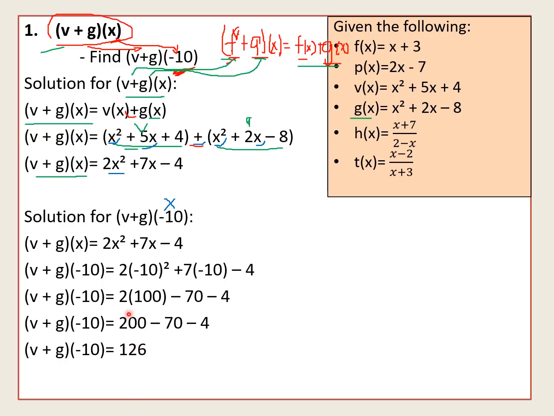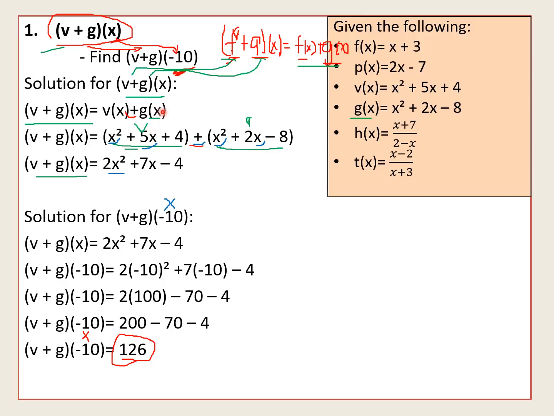Therefore, for item number 1, the value of f plus g when x is negative 10 would be equal to 126. Okay? So, that is what is being asked in item 1. f plus g of x, find f plus g of x, which is negative 10. So, let me repeat, get the sum first.